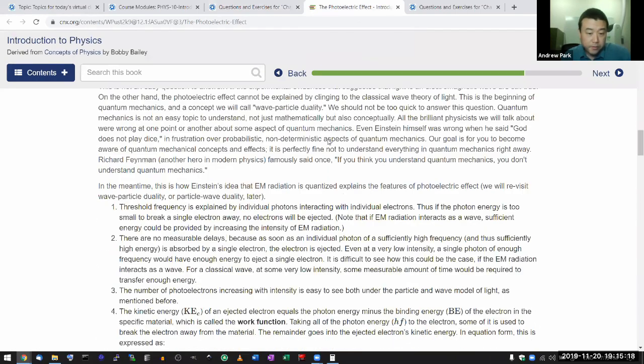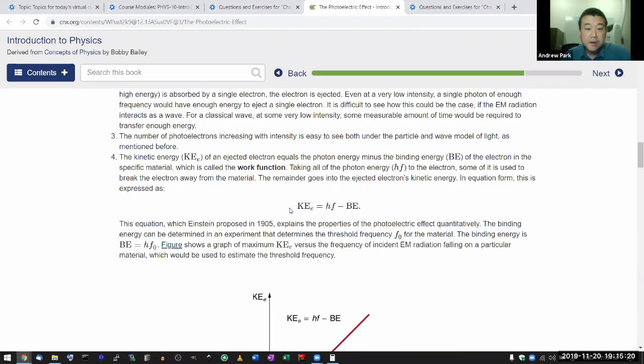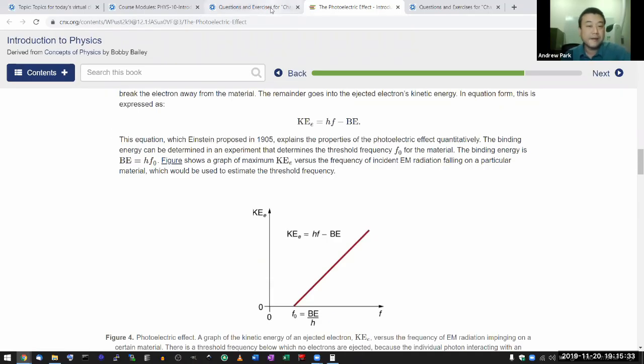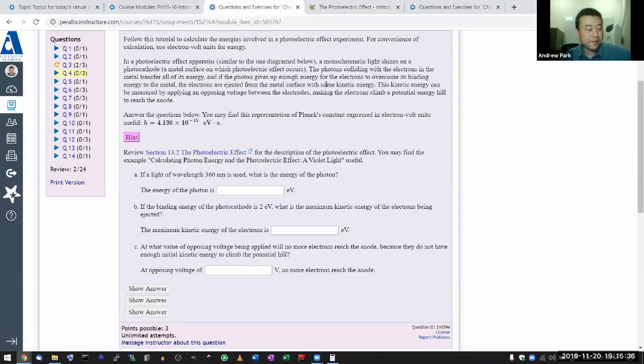And then later on, there's going to be something that relates the maximum kinetic energy of the electron to the photon energy and what we call the binding energy or the work function. So read all that, get to that. I happen to remember those, so I'm going to just use what I remember.